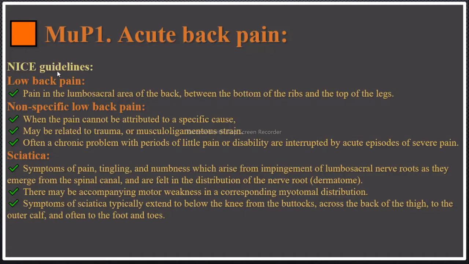We are talking about lower, whether lumbar 4 or lumbar 5, S1, and so on. Symptoms of sciatica typically extend to below the knee. So if you find in the scenario the symptoms below the knee, from the buttocks, across the back of the thigh, to the outer calf, and often to the foot and the toes.